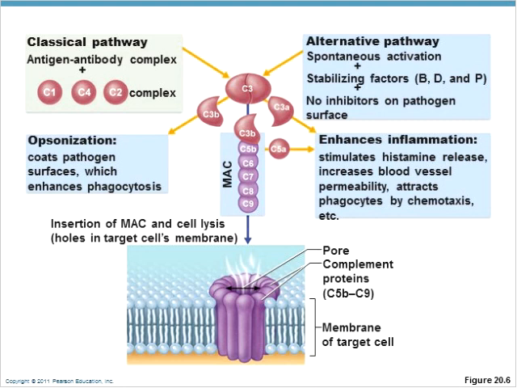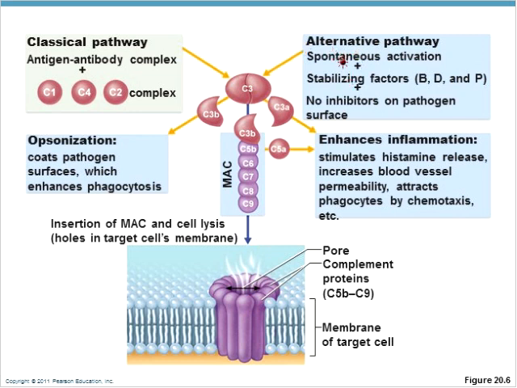You see here that in the classic pathway, you have an antigen-antibody complex which initiates C1, C4, and C2, and that causes this cascade. The ultimate end here is that there's a hole drilled through the cell membrane of that particular bacteria, and it allows the interior of the cell to flow outside the cell, so the cell dies, obviously.